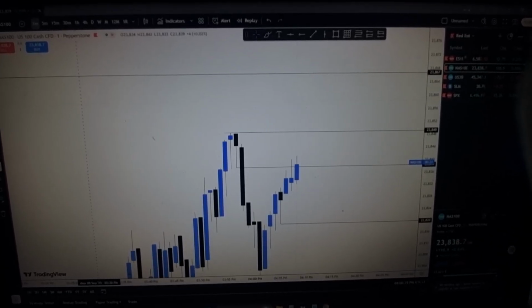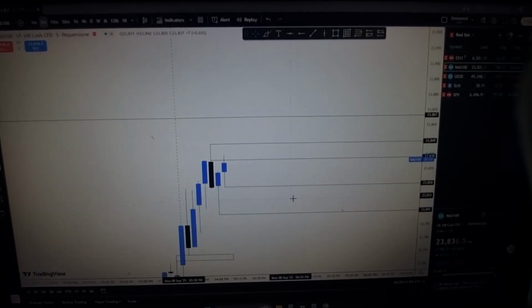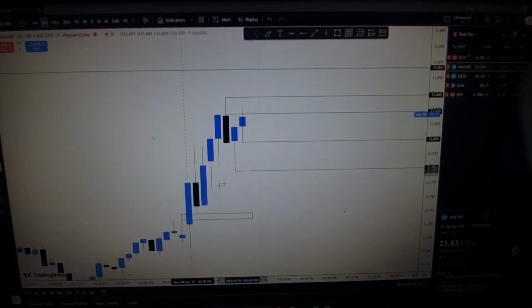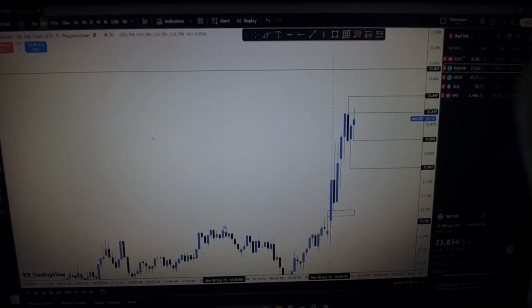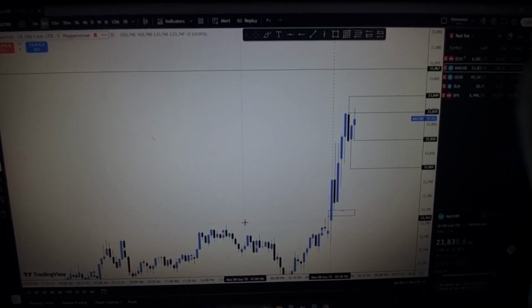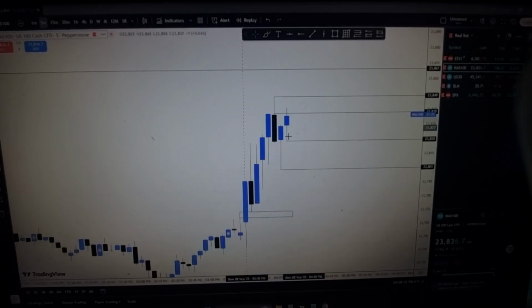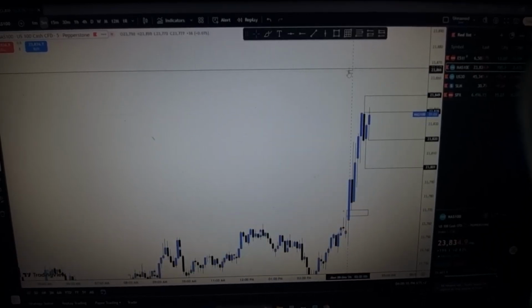Only reason because the 5 minutes moving like this, we already swept London highs over here. Why is price still moving up? It's because we want to sweep out this drawn liquidity.